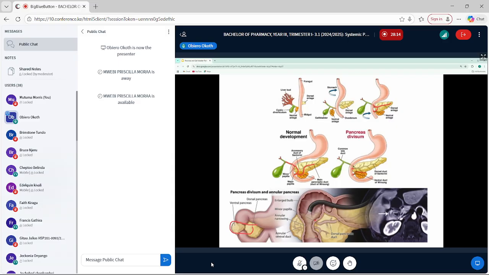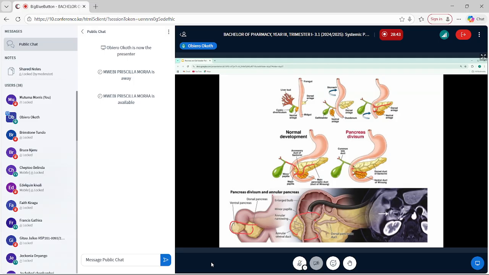So the biggest portion of the pancreas is not being drained sufficiently. And you can see this pancreas is also here. It is circling the duodenum, and that will be the annular pancreas.